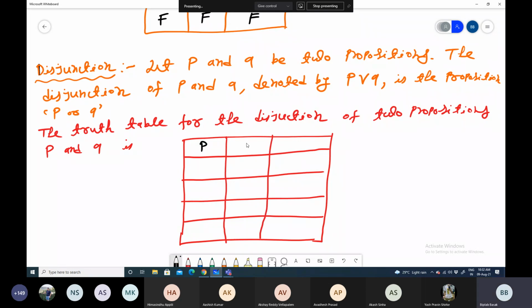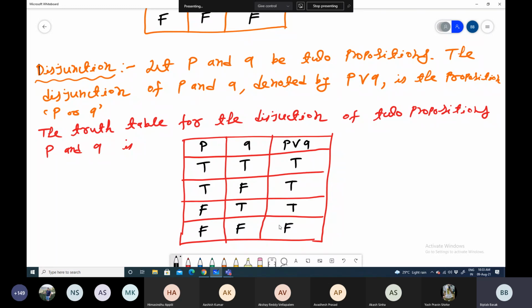So this is P, this is Q, this is P or Q. Now if P is true, Q is true, then P or Q is true. Now if P is true, Q is false, the statement P or Q: you already have P true, so P or Q will be true. Similarly, if P is false and Q is true, then P or Q will be true. And if both are false, then P or Q will be false, right?